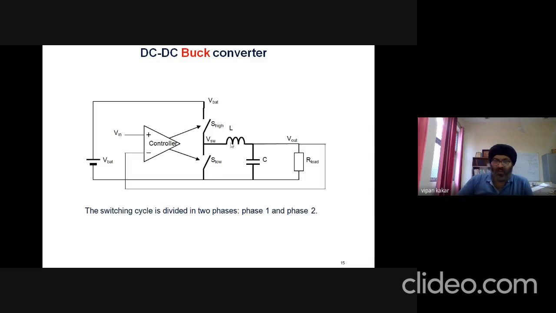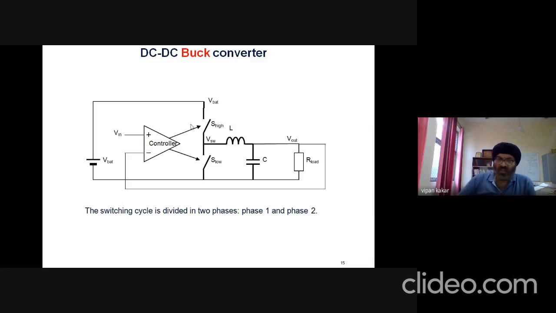So using two switches, we connect these with the inductor over here and then a capacitor in parallel to the load. And then this output at the load is now fed back to the controller.